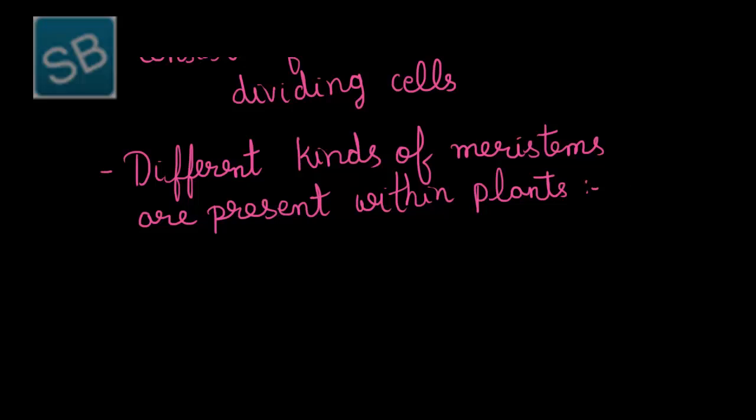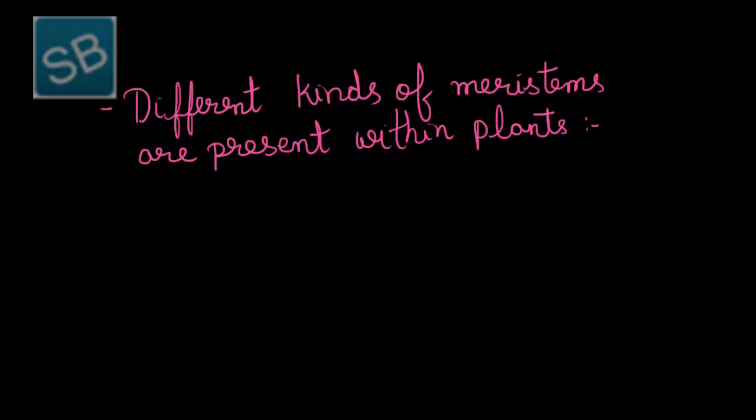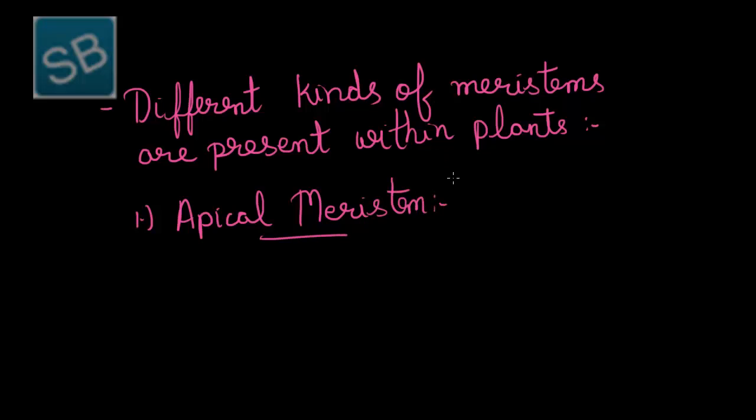The first kind, that is apical meristem. These meristems or groups of cells occur at the tip of shoots or roots.